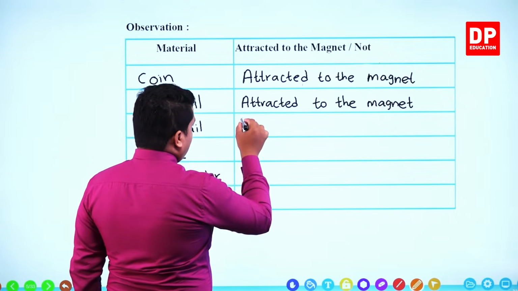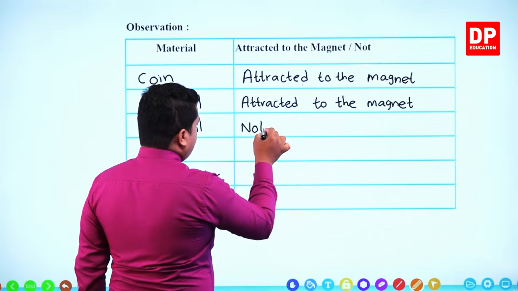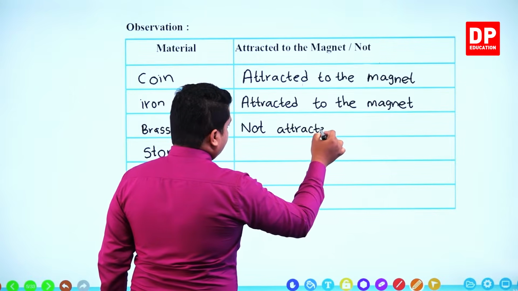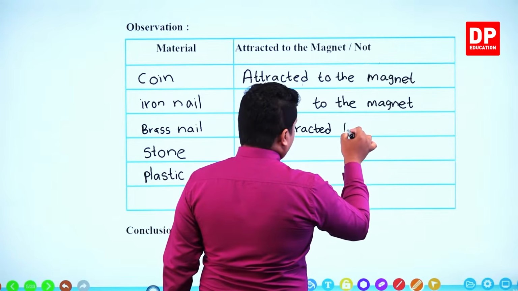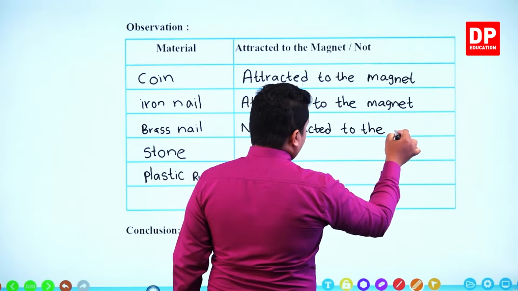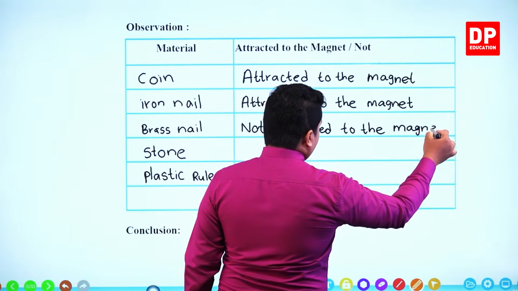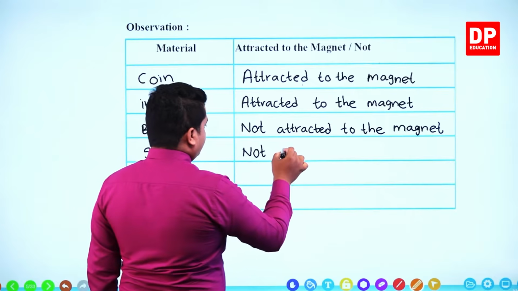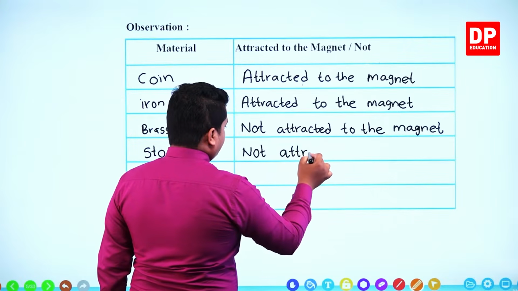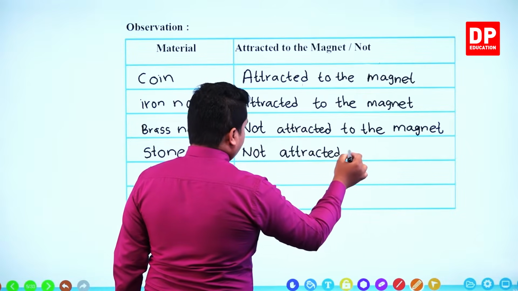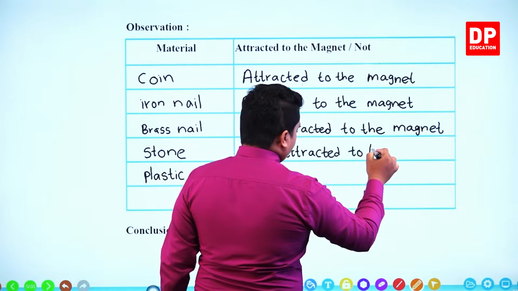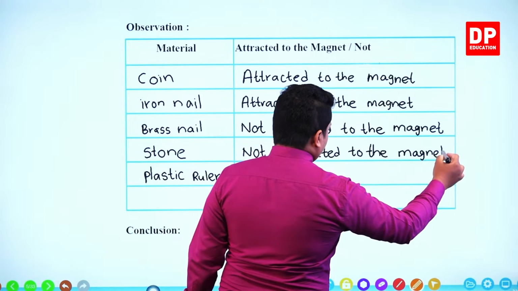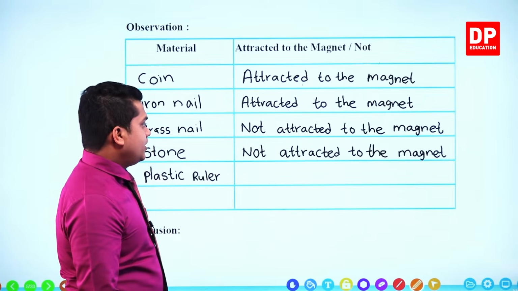Then the next one, brass nail. So you observe that brass nail was not attracted to the magnet. Stone also not attracted to the magnet.